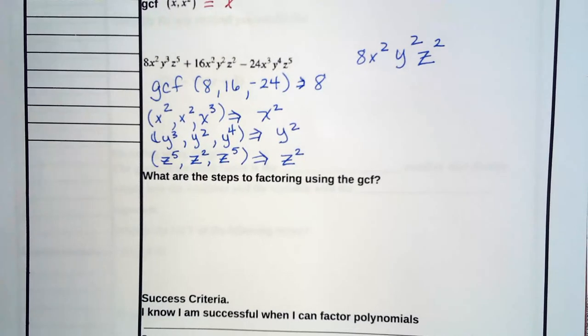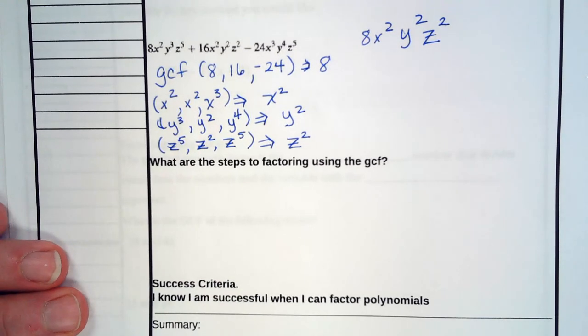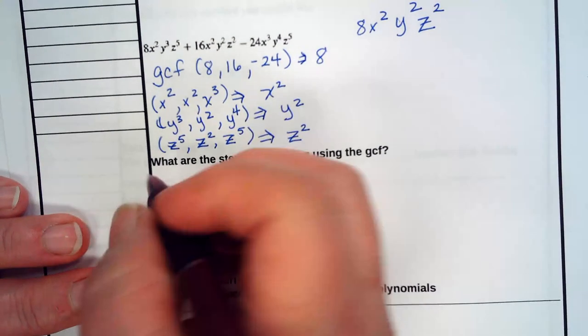So what are your steps to factoring? You start by looking at the numbers.